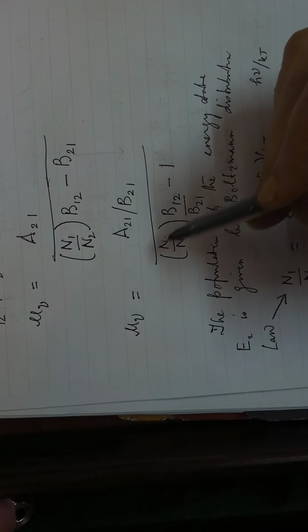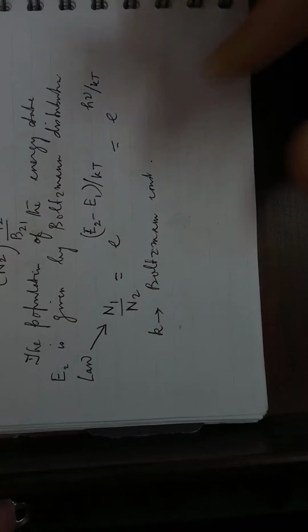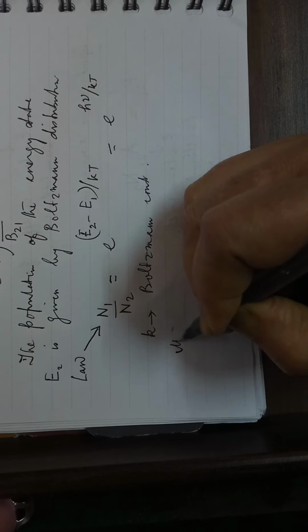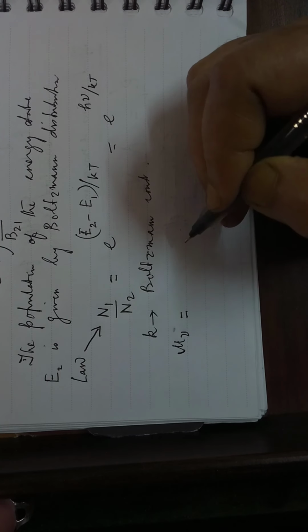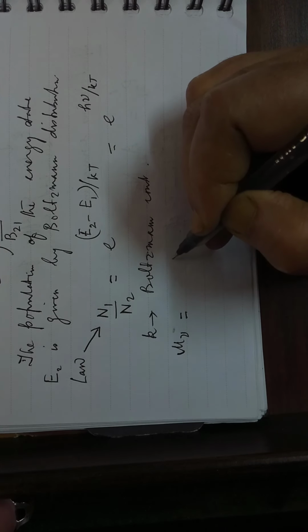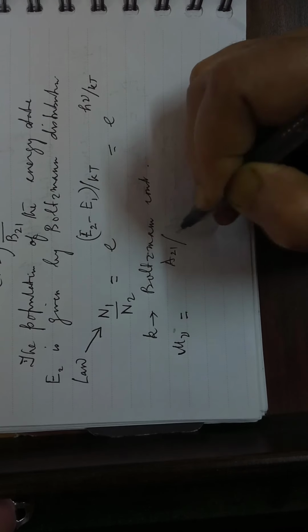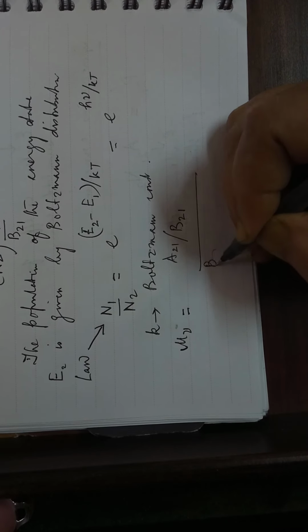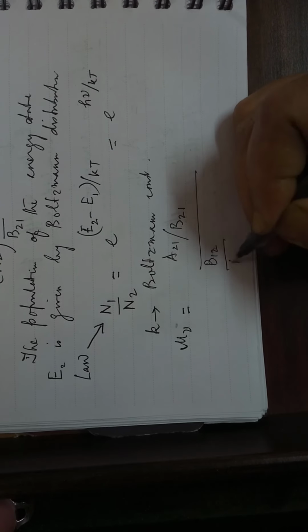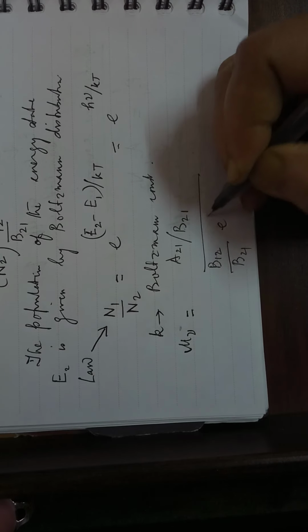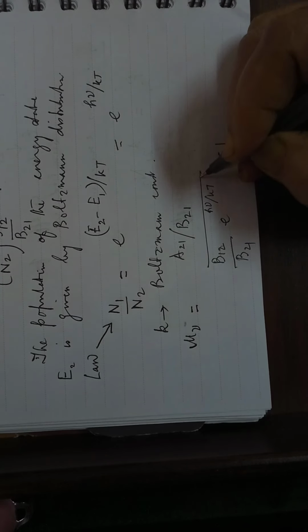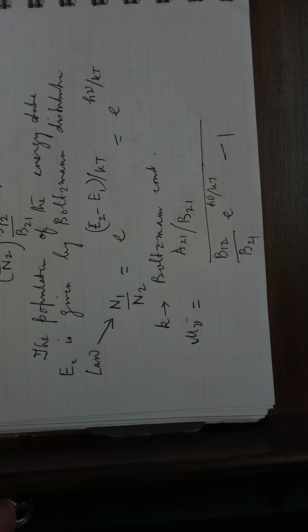In place of N1 by N2, you can write u nu equal to A21 by B21 divided by B12 by B21 e to the power h nu by kT minus 1. See, this is what you are getting for your energy density.